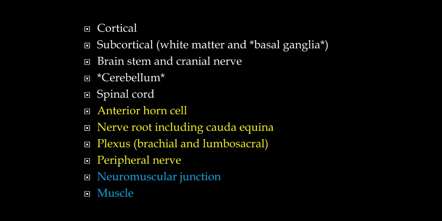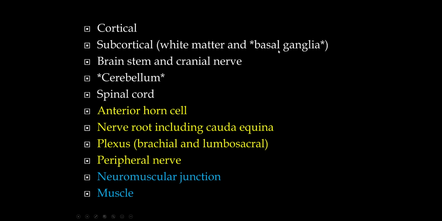And so I'm going to focus on weakness in this lecture because it's a good way to illustrate here the neuroaxis from the cortex all the way down through muscle. I put an asterisk by two areas here of the neuroaxis where we really don't get weakness. The basal ganglia are subcortical neuronal structures, and diseases or lesions there don't produce weakness, but rather a movement disorder.